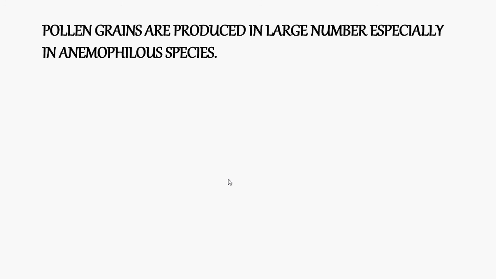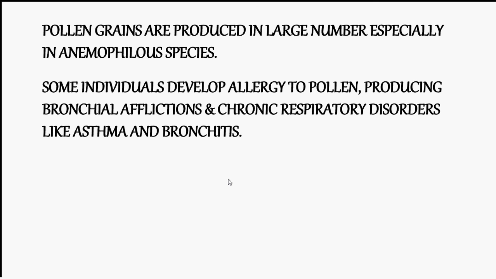They produce a large number of pollen grains because more pollen grains are wasted before reaching the stigma. That's why they produce more pollen grains. Some individuals develop allergy to pollen, producing bronchial afflictions and chronic respiratory disorders like asthma and bronchitis.